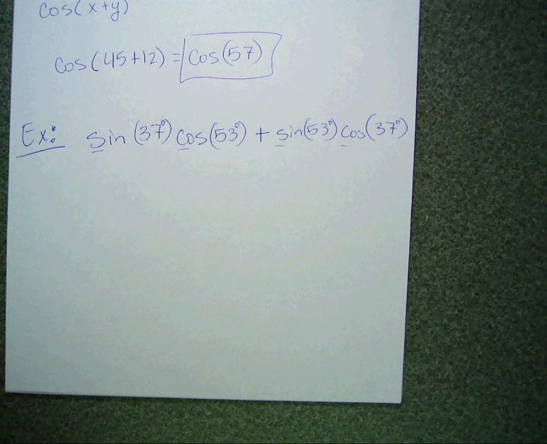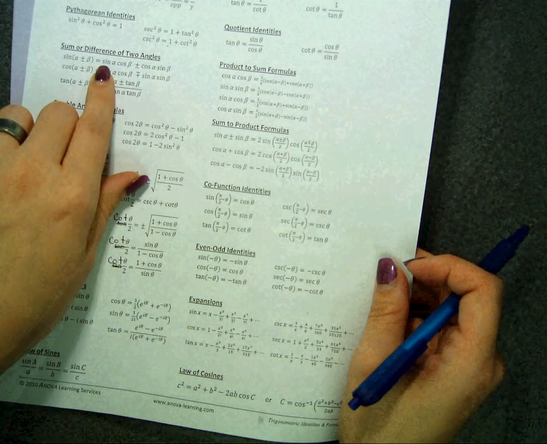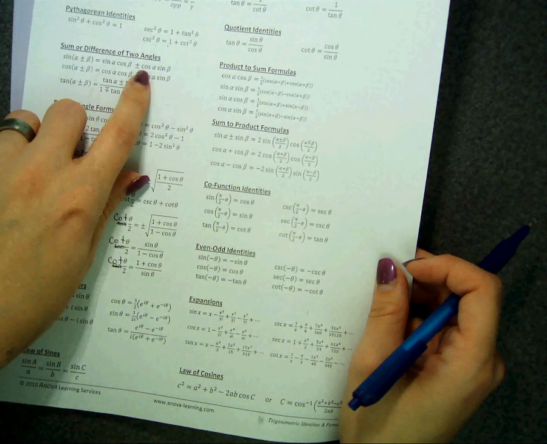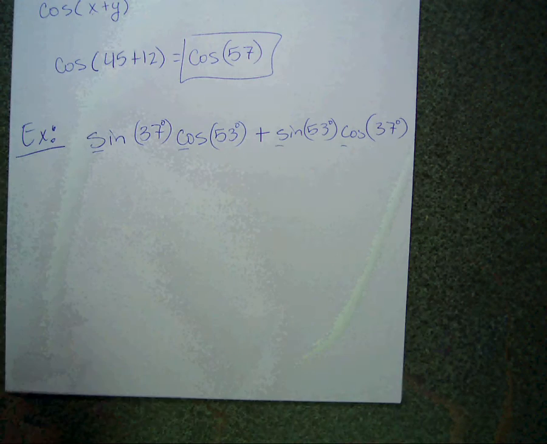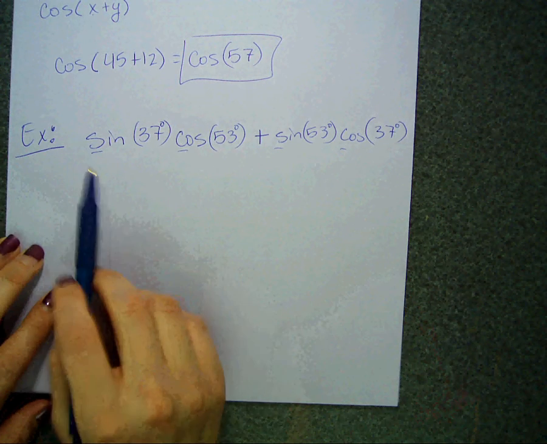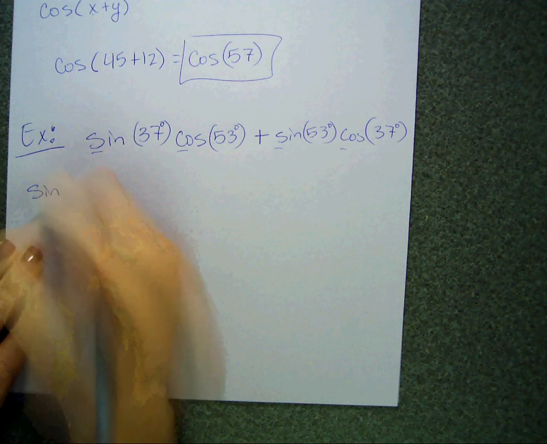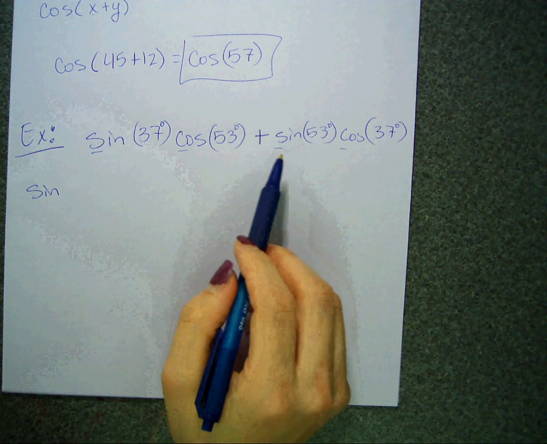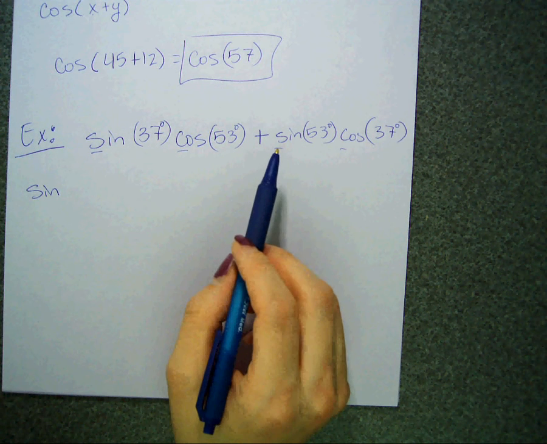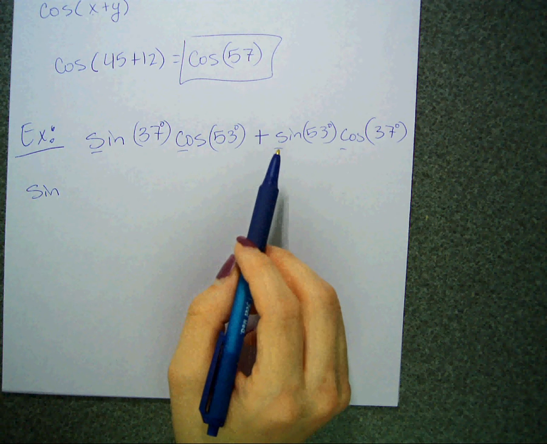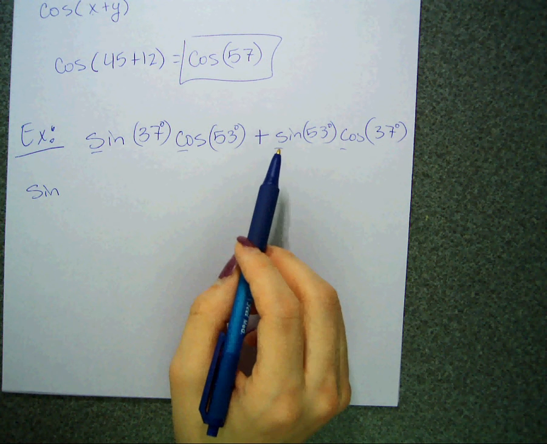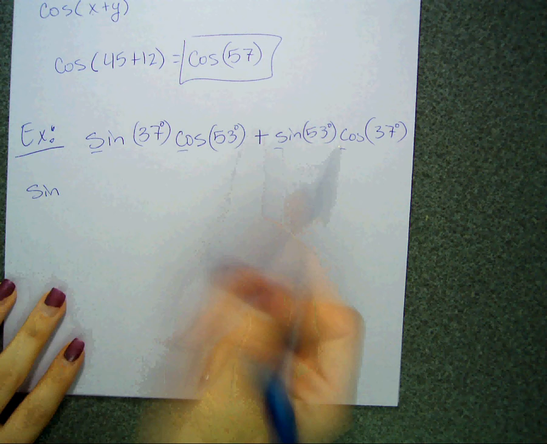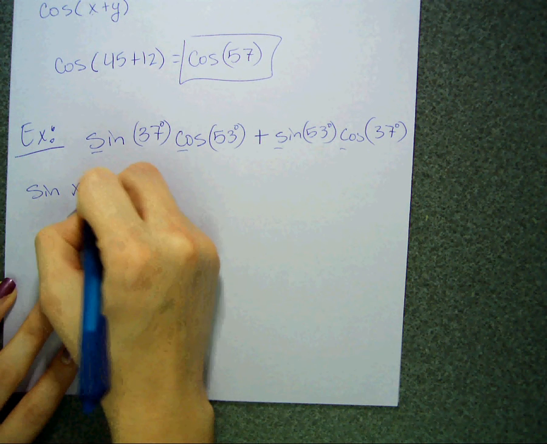If you look at your identity sheet, this is the identity for sine. Sine alternates: sine, cosine, cosine, sine. If you can see that. If not, that's cool. So I am dealing with sine. Also, remember that sine stays the same when we're talking about the sum and difference identity. So if I'm adding on the outside, I'm adding on the inside.